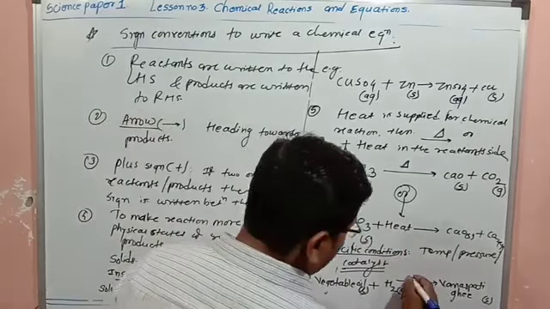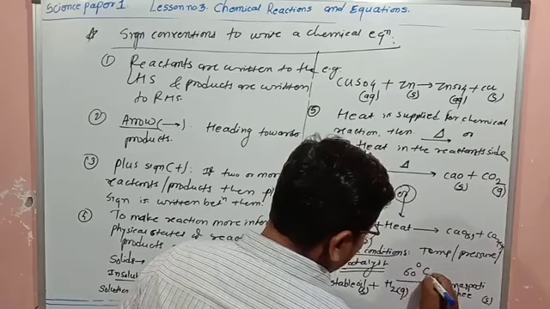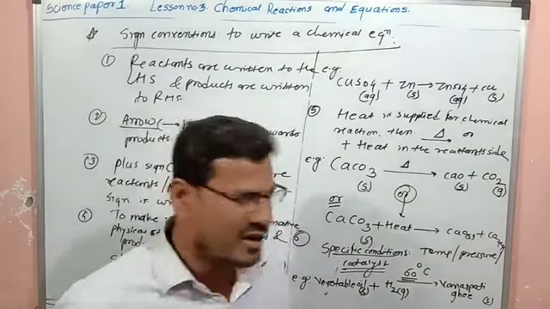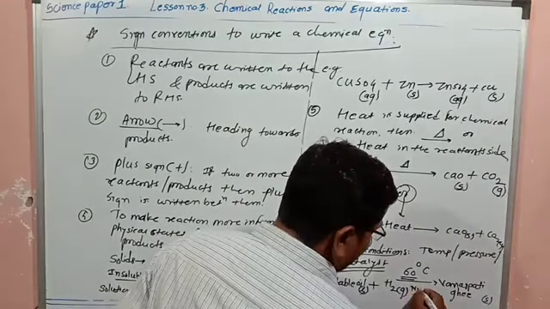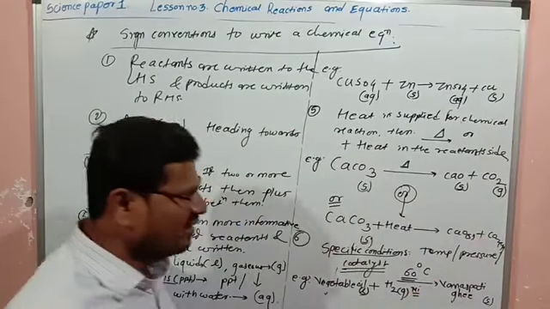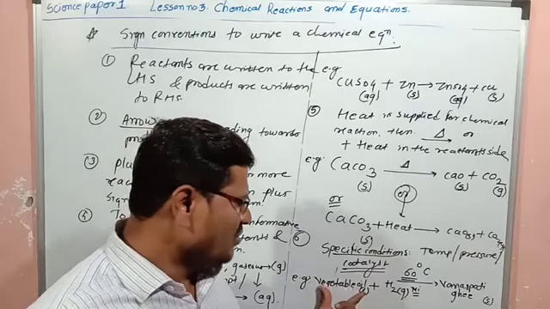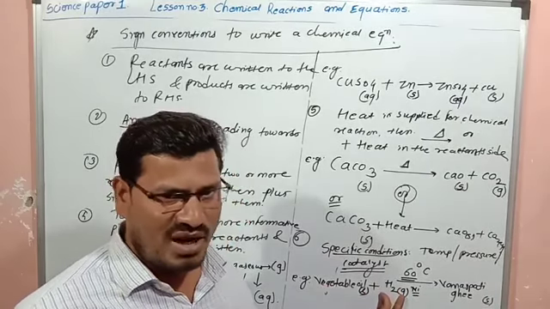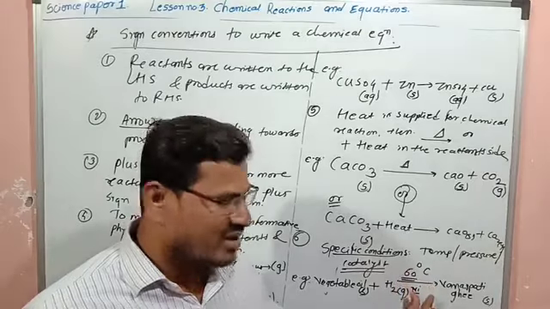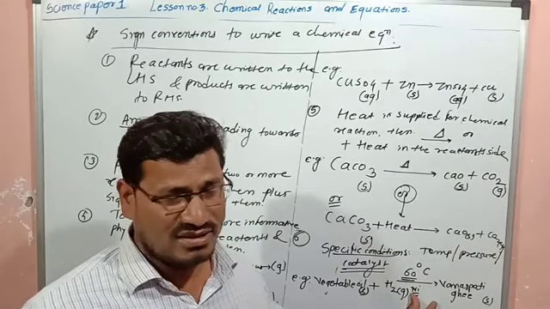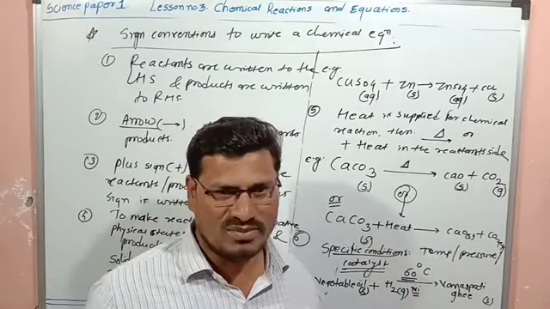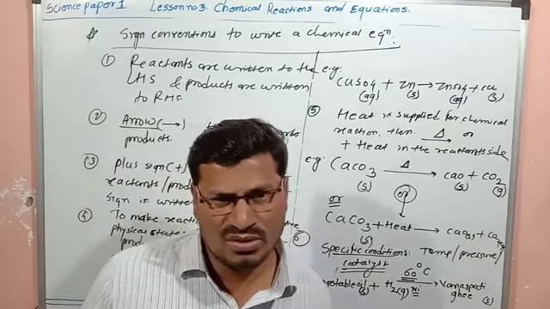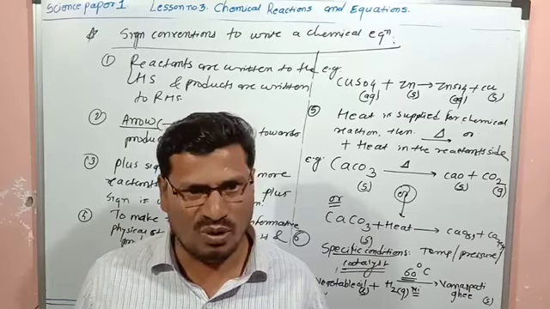The temperature is 60 degrees Celsius, and a nickel catalyst should be there. So when hydrogen gas is passed through vegetable oil in the presence of a nickel catalyst at 60 degrees Celsius, it gets converted into vanaspati ghee. That is, the unsaturated compound is converted into saturated form.